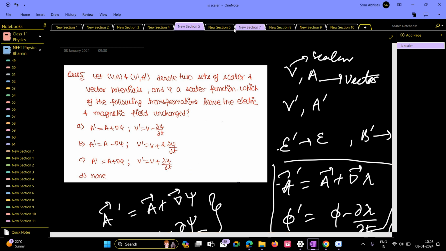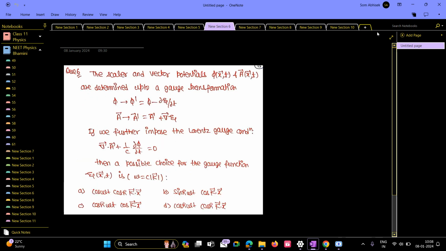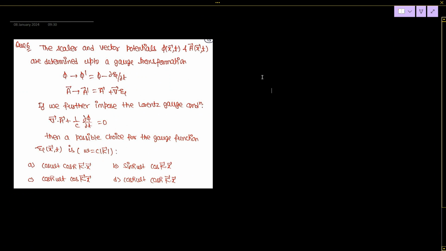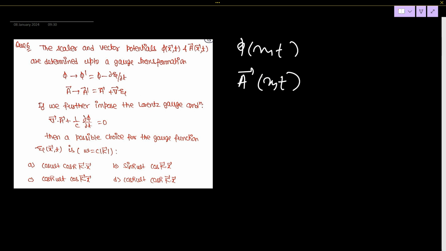Next question is question number 6. The scalar and vector potentials phi(x,t) and A(x,t) are determined up to a gauge transformation.